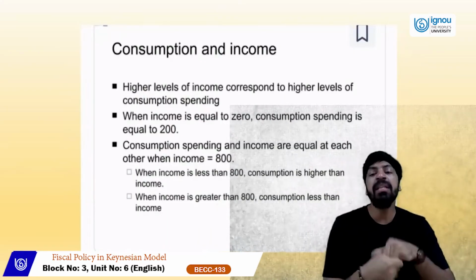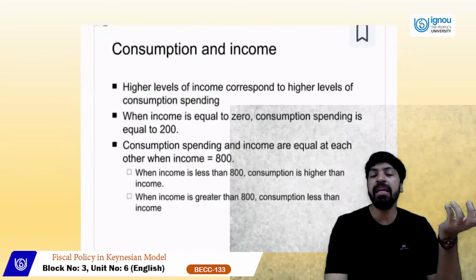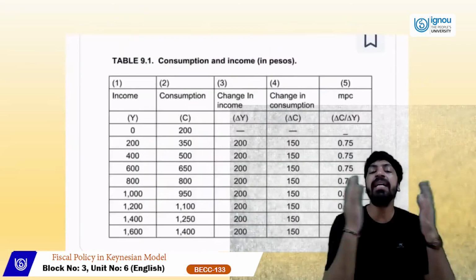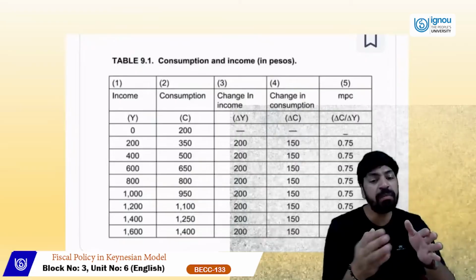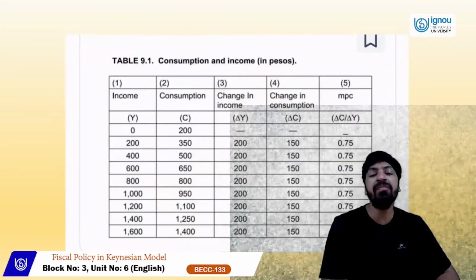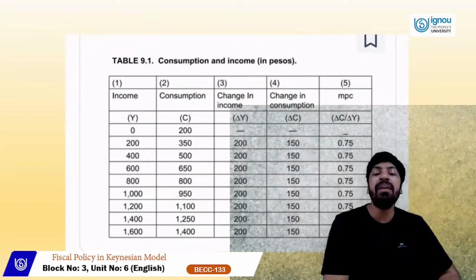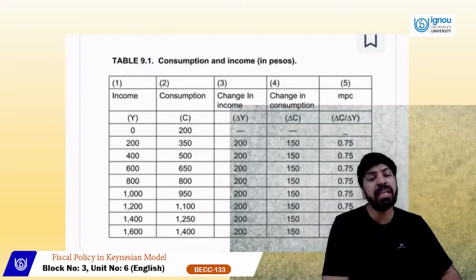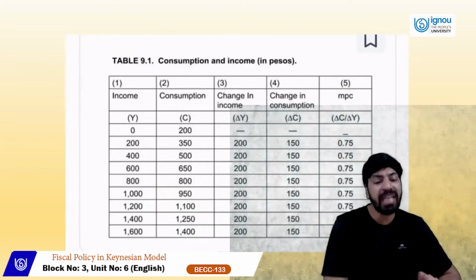That means people consume slightly less than the income. If you look at the slight changes, 950 to 1100, 1100 to 1250, then 1250 to 1400.